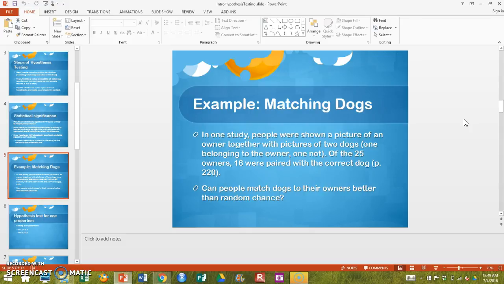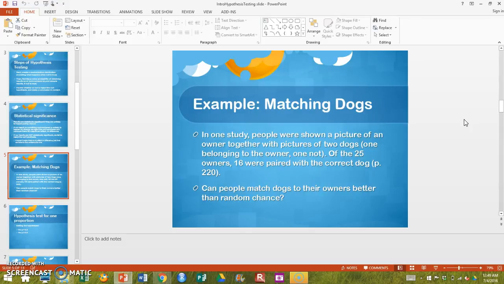So the issue is, now that we have our research question, we could say in the population of dog owners, depending on how this was sampled naturally, or in the population of people in this scenario, can they match dogs to their owners better than 50%? So here's the thing. How do we make hypotheses out of this?